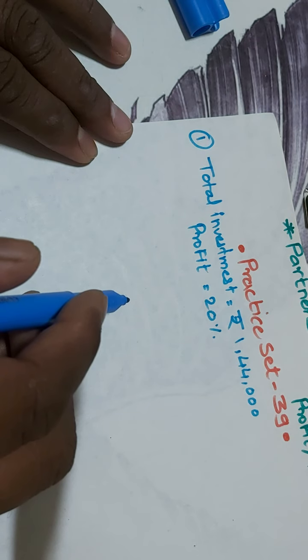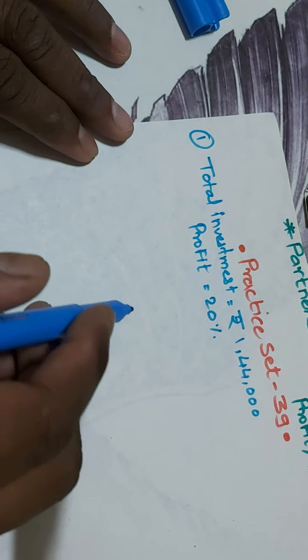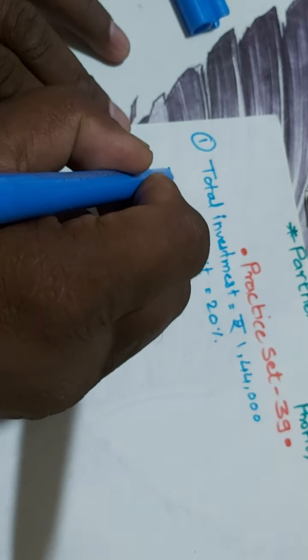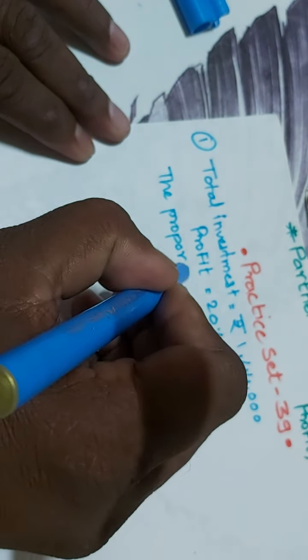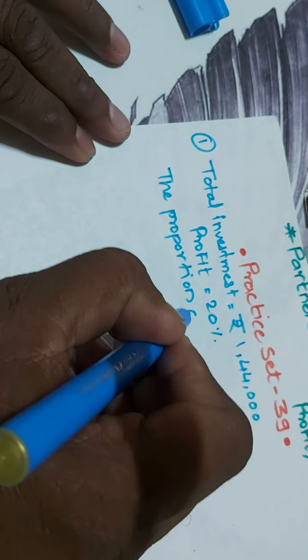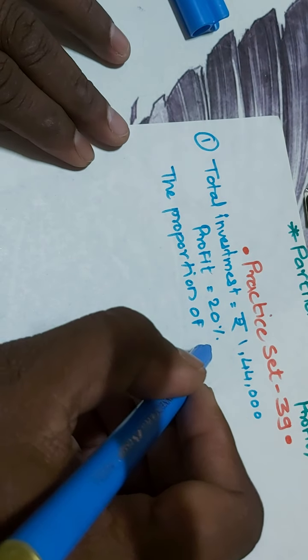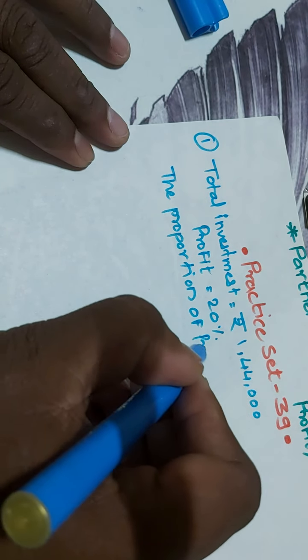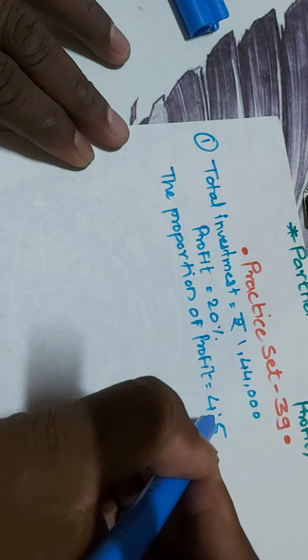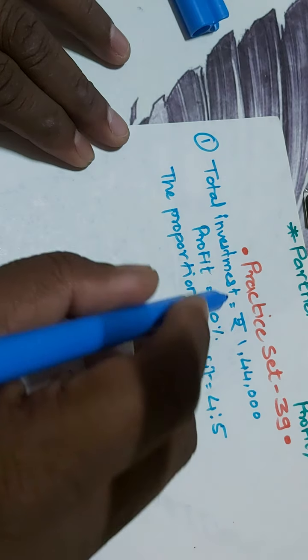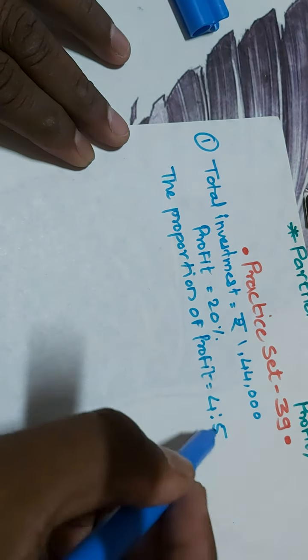So the proportion is given 4 is to 5. We have to write the proportion of profit is 4 is to 5, means 4 belongs to Suresh and 5 belongs to Ramesh.